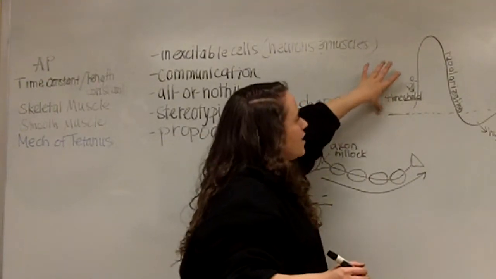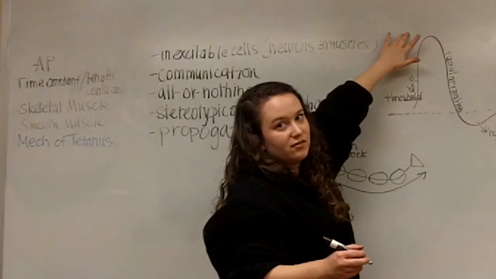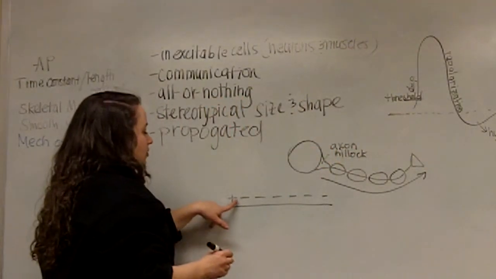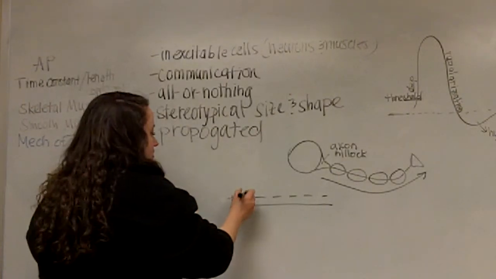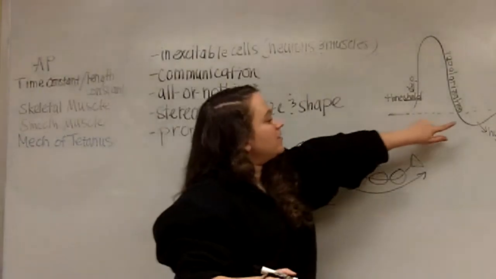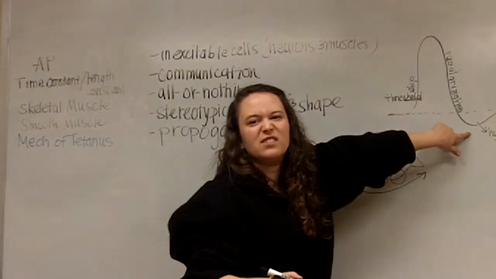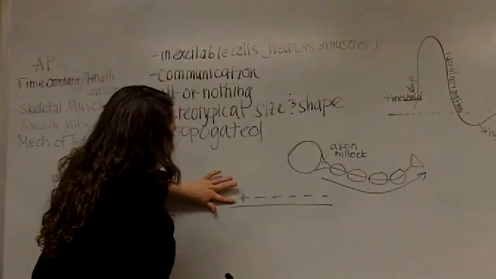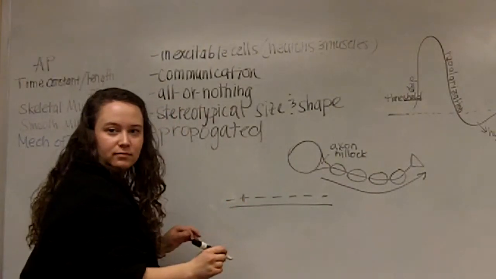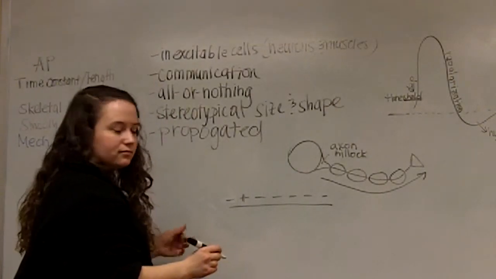This is like negative 70, this is like positive 35, 45. So this one's positive. It's going to reach out to the next one and make it positive. But while this one's becoming depolarized, this one is in hyperpolarization and it's very negative. So this one turns negative again and it can only go forward. Gotcha.